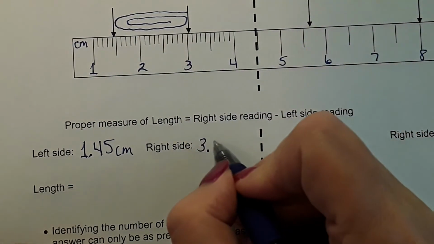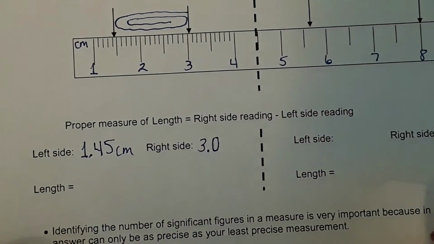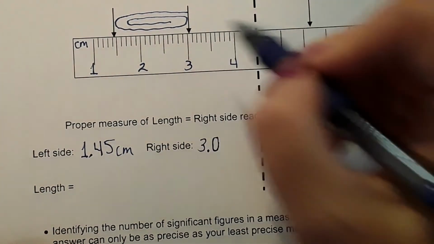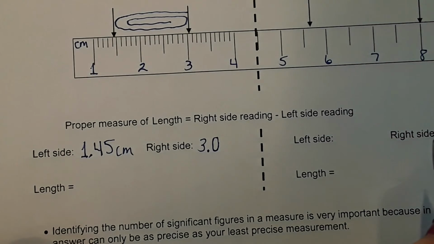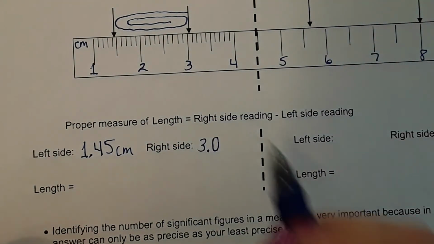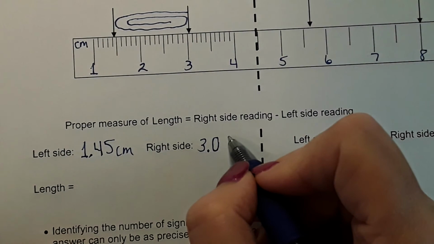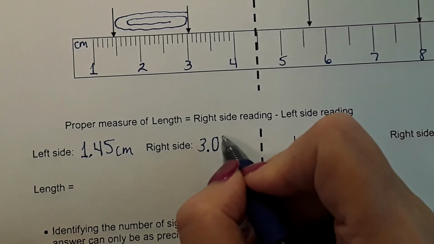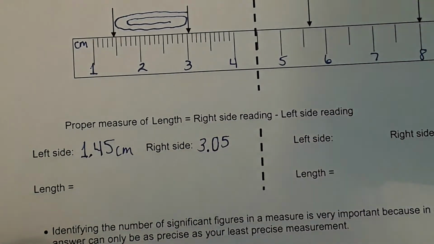Well, we don't have a whole one, so we put a 0 for the whole millimeters past the 3. Where between the 3 and the 1 millimeter mark is that arrow? Well, here's our guesstimate. We can either say it's 3.00 right on the 3 mark, or we can say 3.05, that it's halfway to 3.1, and I'm going to say halfway.